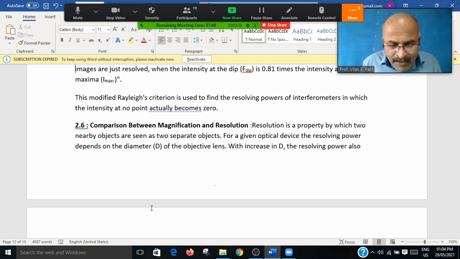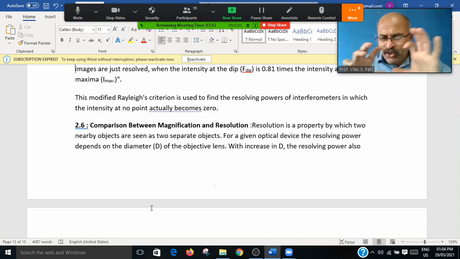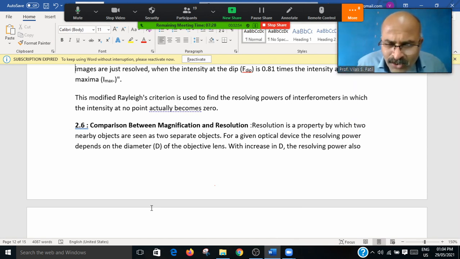Okay, then a comparison between magnification and resolution. Resolution is different from magnification. Magnification is enlargement and resolution is discretion. Resolution is the property by which two nearby objects are seen as two separate objects, just resolved.